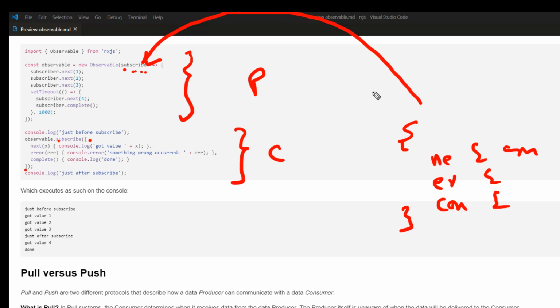Once the consumer passes to the producer, there is some proxy sitting in between doing a lot of things, but let us forget about them. Let us understand it in the simplest way. Now once he receives it, obviously it's an object with three functions inside it: next, error, complete.